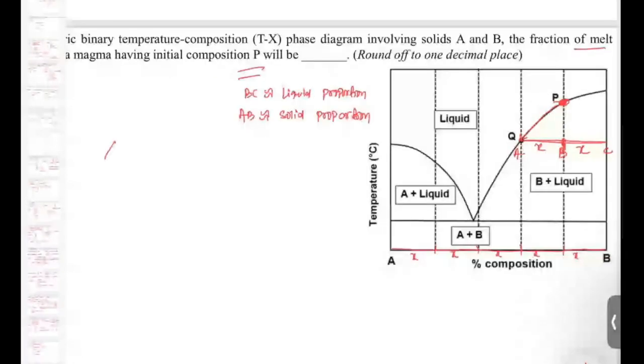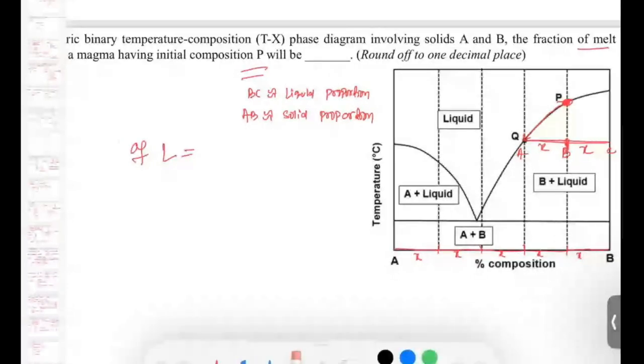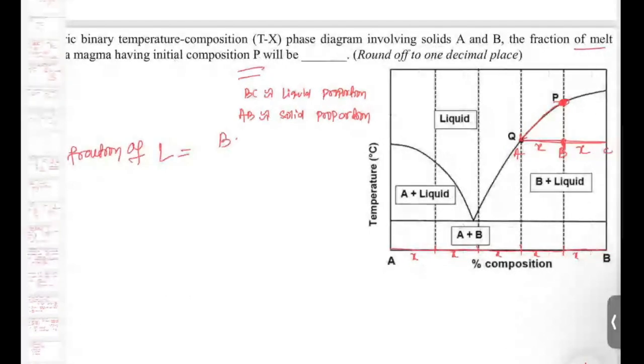So the fraction of liquid will be equal to BC by PC plus AB, according to the lever rule.